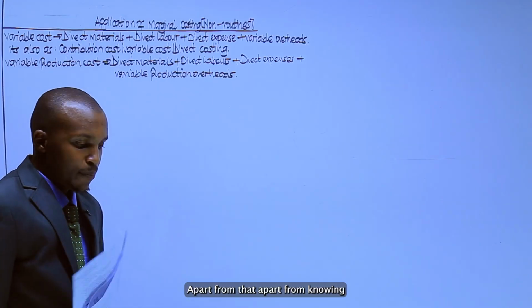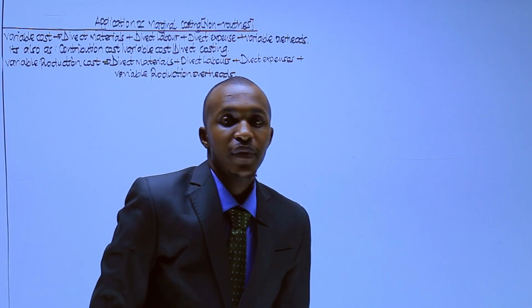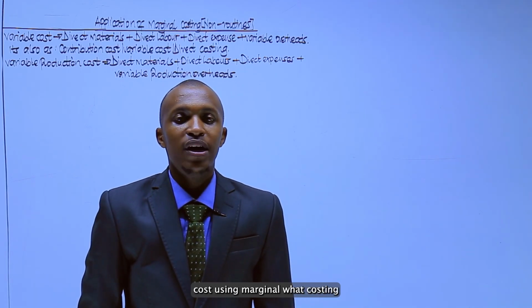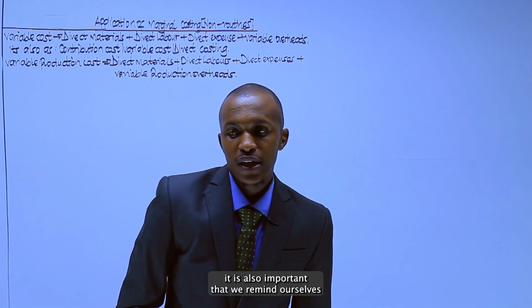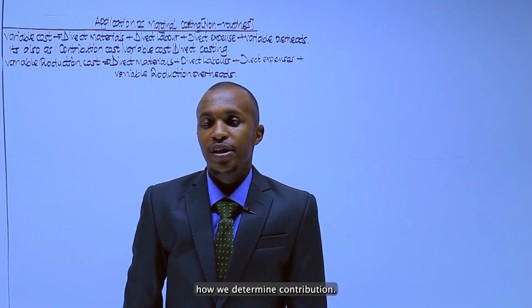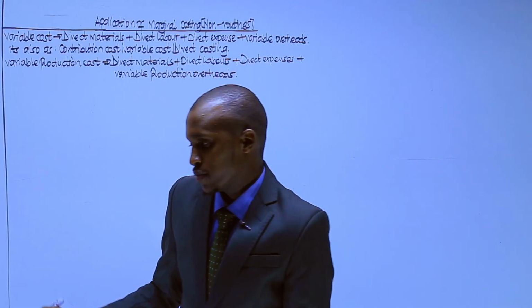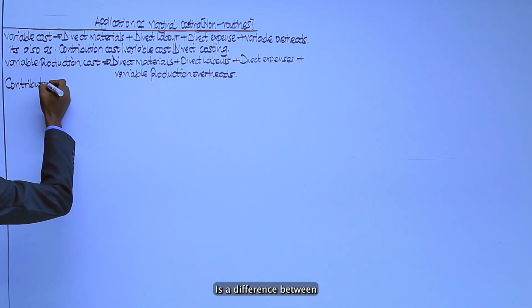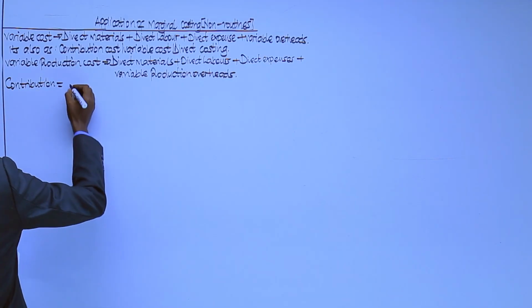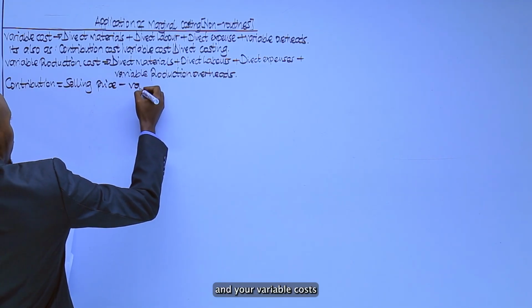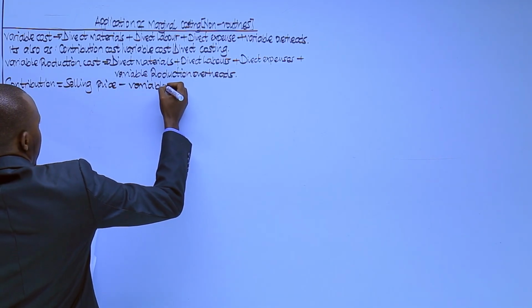Apart from knowing how you determine your production cost using marginal costing, it is also important that we remind ourselves how we determine contribution. So contribution is the difference between your selling price and your variable costs.